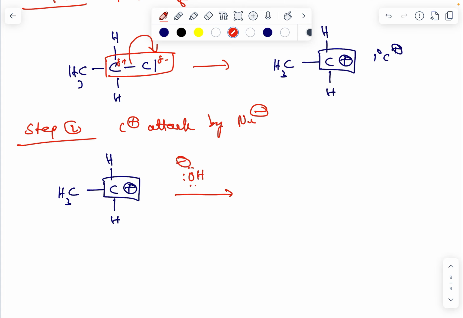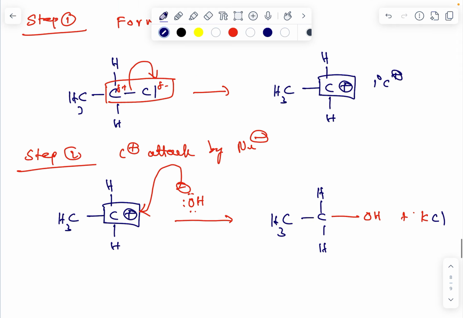A hydroxyl nucleophile. This hydroxyl nucleophile is going to attack the center of the carbocation. As a result, ethanol is formed. Through the carbon and oxygen, a new chemical bond will be formed and the alcohol will be formed. The leaving group chloride can bind with the potassium, and the byproduct KCl would be formed. So this is our reaction.